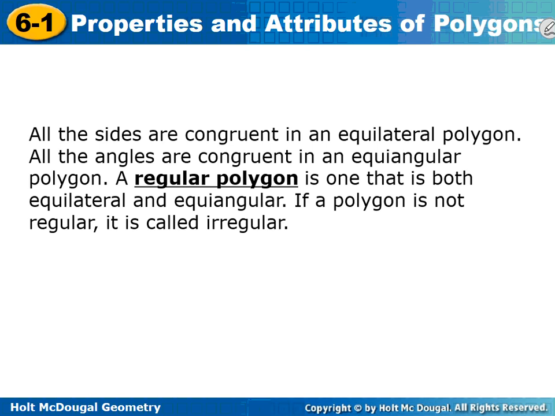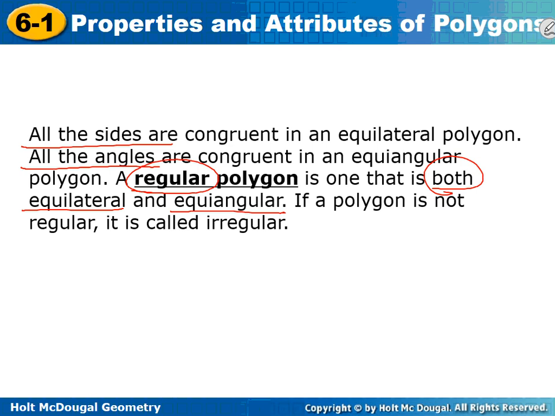The next thing we're going to talk about is it regular, concave, or convex? So first of all, to be a regular polygon, it has to be both equilateral and equiangular. Both. So remember that equilateral means all sides are equal. Equiangular means all the angles are equal.